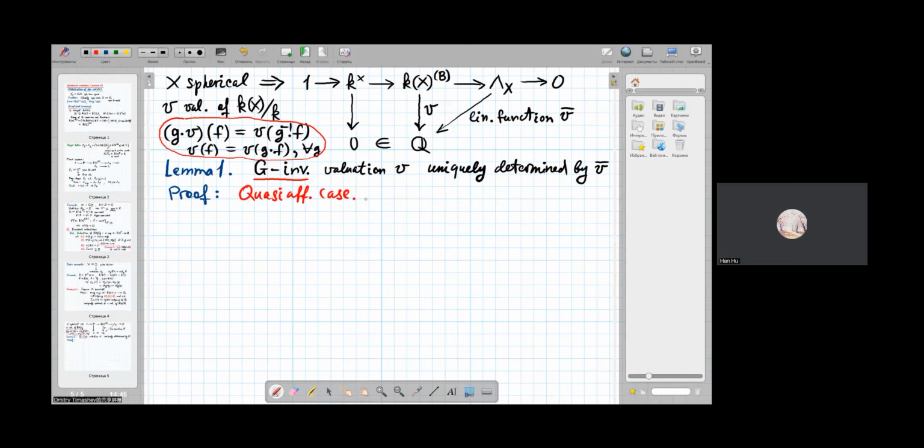If X is quasi-affine, then as it follows from my second exercise, which I leave you to solve, the valuation V is uniquely determined by its restriction to the coordinate algebra of X, by its restriction to regular functions.